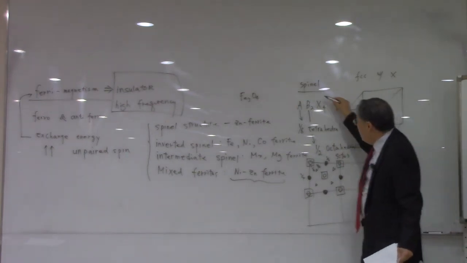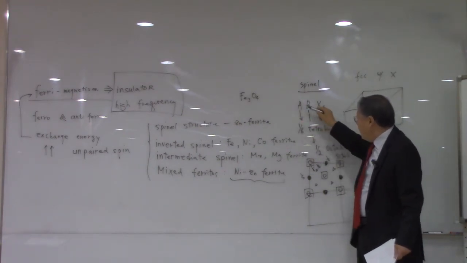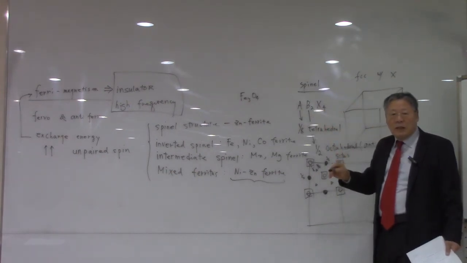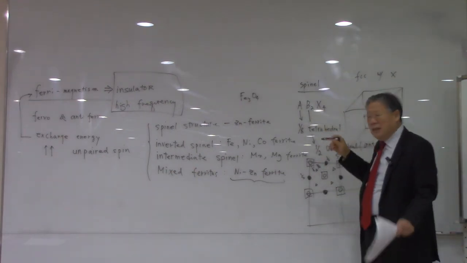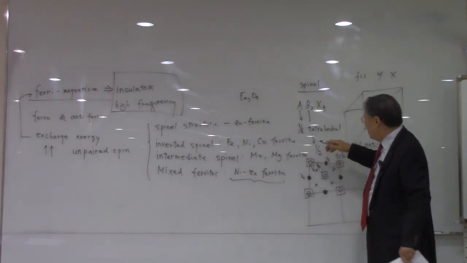Okay, so in this normal spinel structure, the A is the only source for the magnetization because B shows an anti-parallel arrangement.